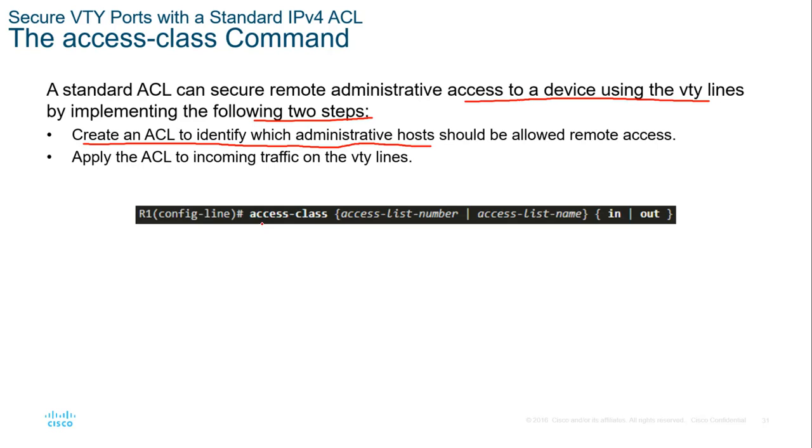So the command is here, access class, once you've configured, because this is the same thing as we've been doing in standard. And then now it's time to apply that access control list to incoming traffic on the virtual terminal line. So it's access class. If you've used the numbered, you state the access list number.